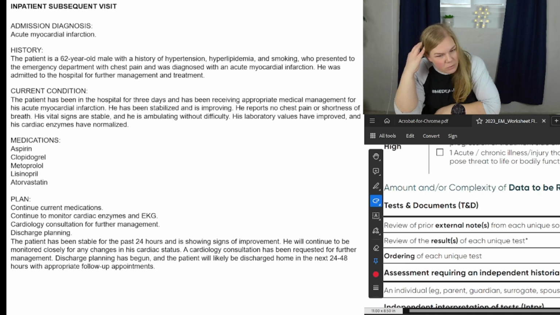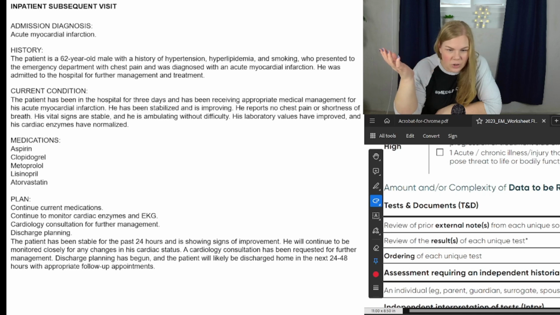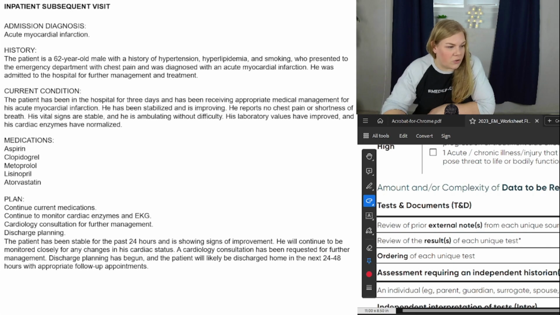Did we review external notes? It doesn't look like it. I'm not seeing here that there was like a statement from cardiology or a report from them that was reviewed. Review of each unique test. It says that his laboratory values have improved. What laboratory values? Is that because the provider reviewed them? Is that because the nurse told him that his laboratory values improved?